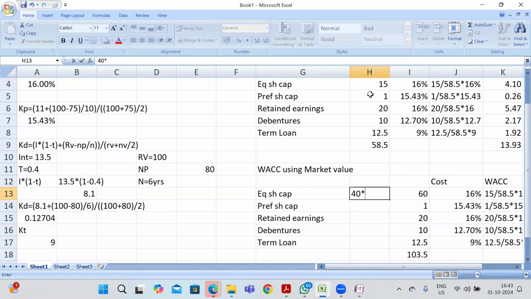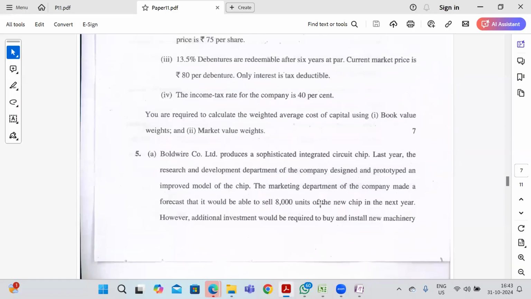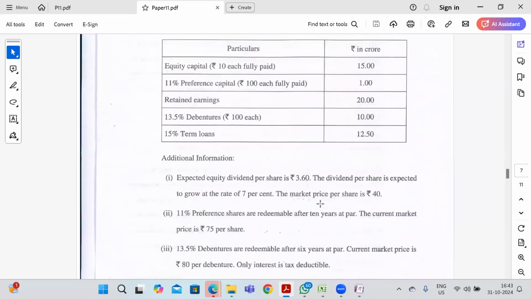So here 40 into 1.5. Here 1 lakh, that is 0.01 crores, into 75. That means 0.75. Retained earnings I won't consider, since this is market value. I can't consider retained earnings because this is already included in equity share capital. And debentures: 80 rupees per debenture.